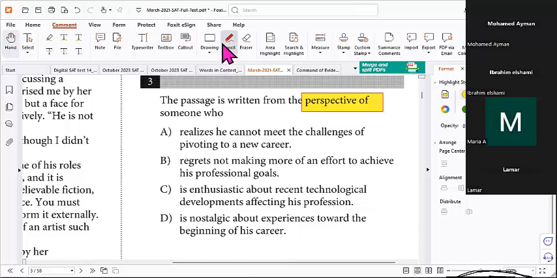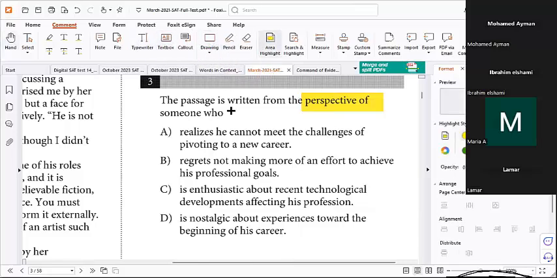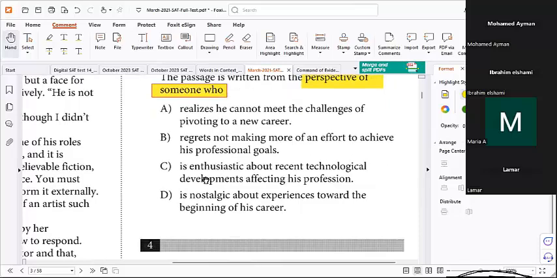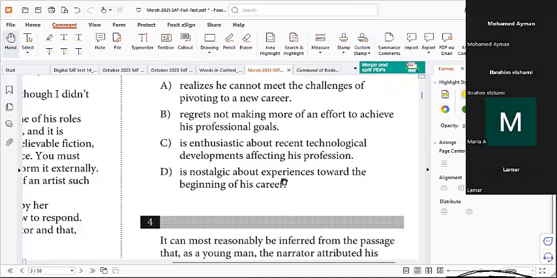Someone who realized he cannot meet the challenges of pivoting to a new career, regrets not making more of an effort to achieve his professional goals, or is enthusiastic about recent technological developments affecting his profession, or is nostalgic about experiences toward the beginning of his career. So, which one do you think?